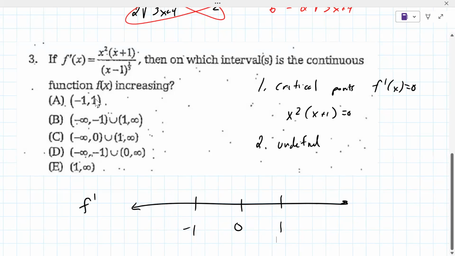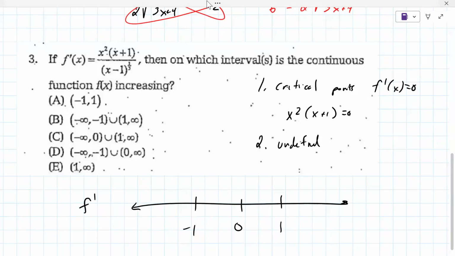So there's a few answers that it can't be. Like it can't be A, because it's 0, it's neither increasing nor decreasing. Although I should be careful here. I mean, it's maybe an old question, but I would exclude A. But having said that, you're just looking at the sign.